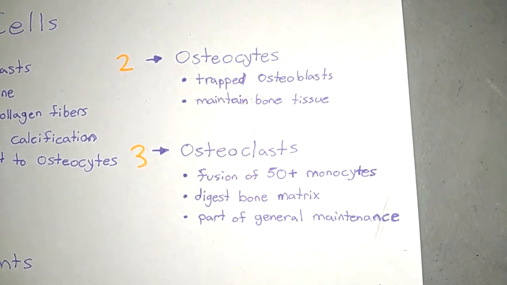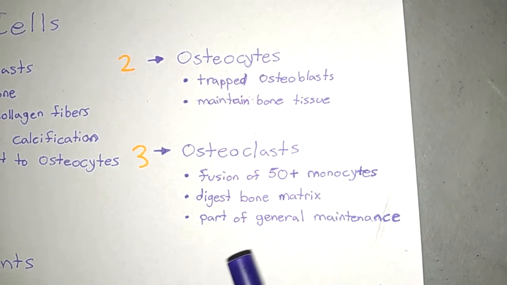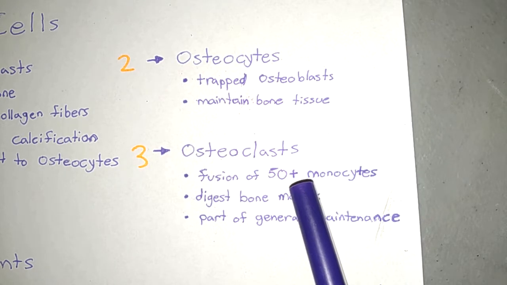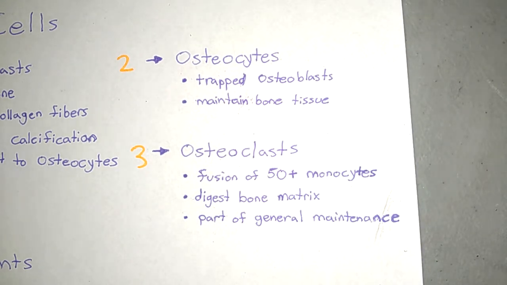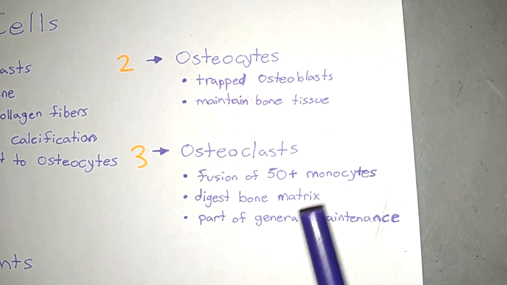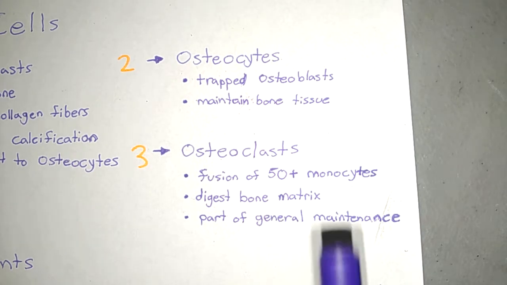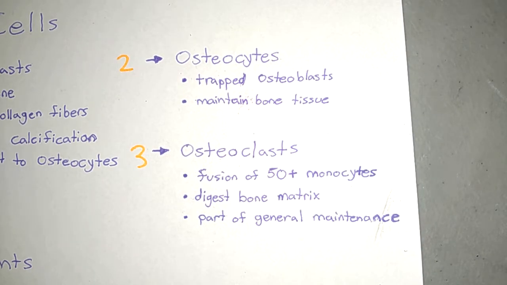And then the third class is osteoclasts. These are a fusion of about 50 or even more than 50 monocytes. And monocytes are a type of phagocyte. They eat cells. These cells join together in a cluster, and they call this an osteoclast. What they do is digest the bone that has already been formed.